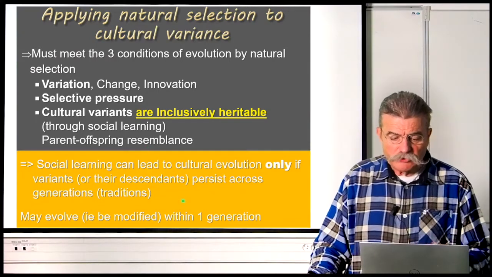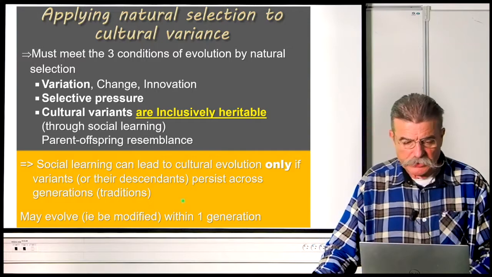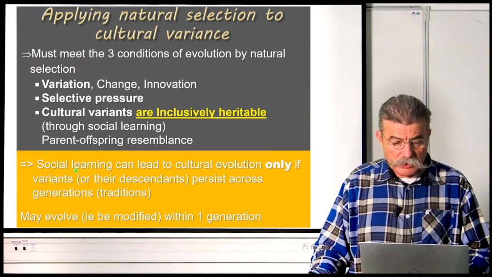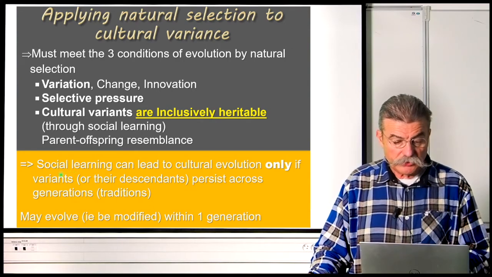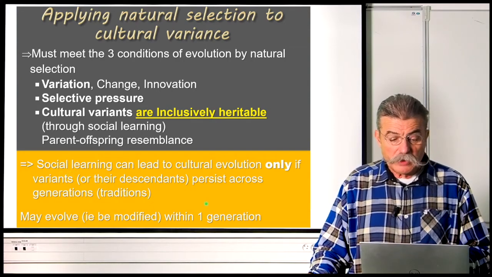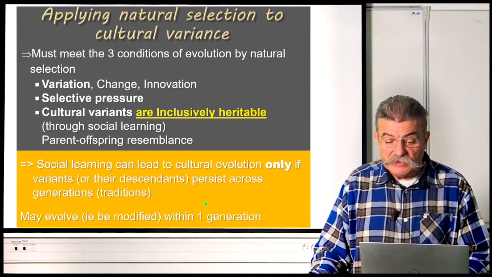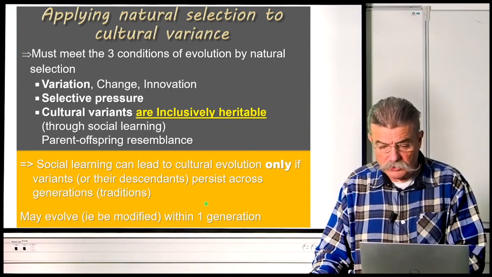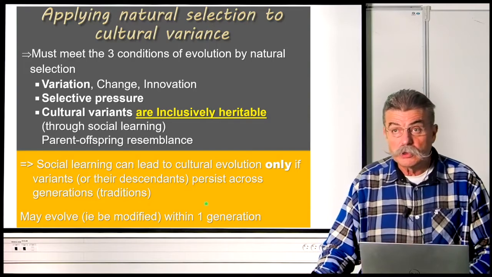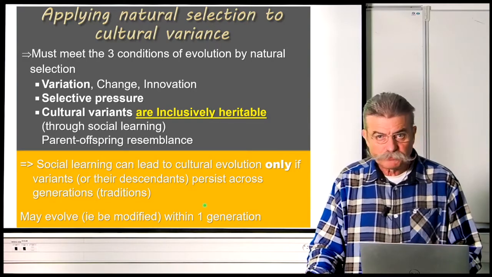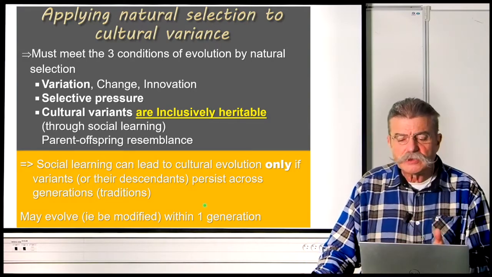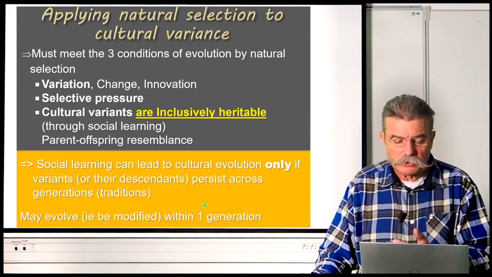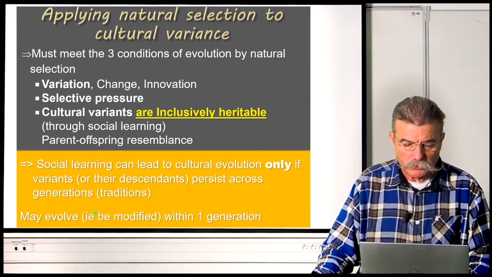There was a topic that we discussed among all of us when we were preparing this module, and there is an important point that I want to state and specify here. Social learning can lead to cultural evolution only if variants or their descendants persist across generations in order to produce traditions, that is, commonalities in behavior of all the individuals within a population. They behave the same way in such or such situation.